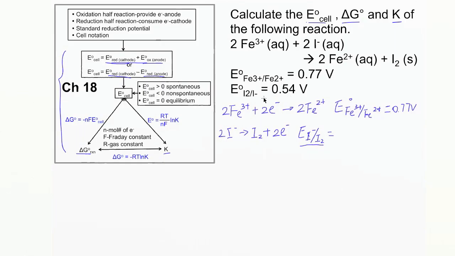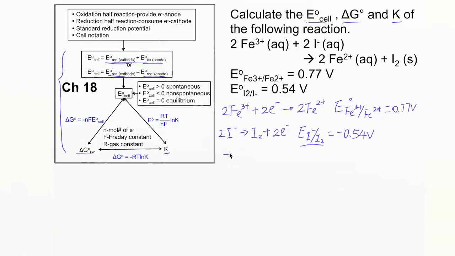The reduction potential of iodine to iodide is given here. As we discussed in our lecture, if you want to get the oxidation potential from the reduction potential, the only thing you need to do is flip the sign. So this is the oxidation potential of iodide to iodine.